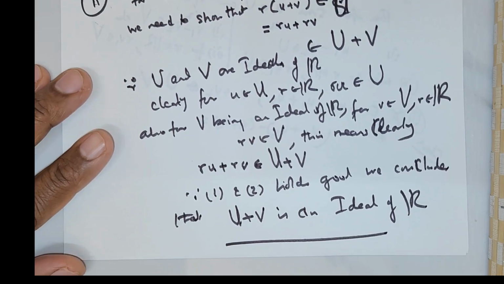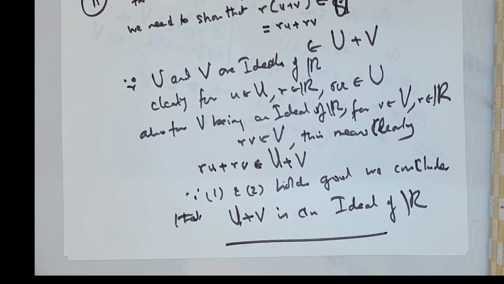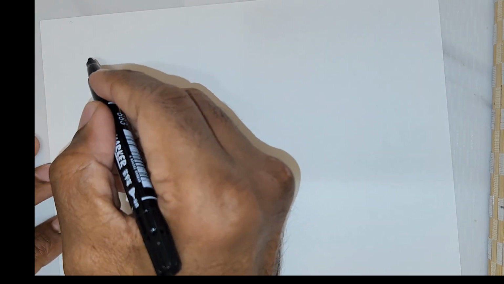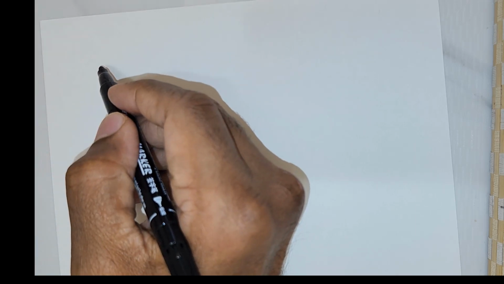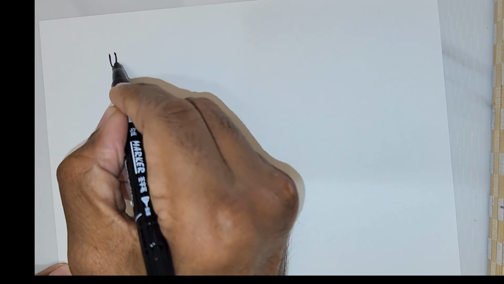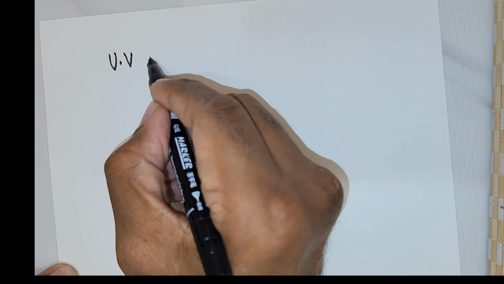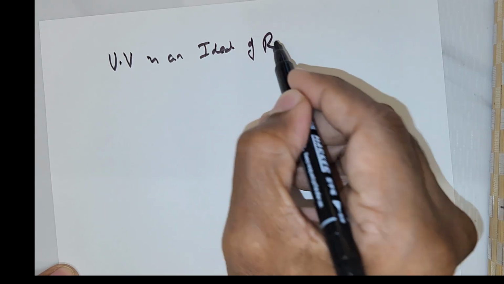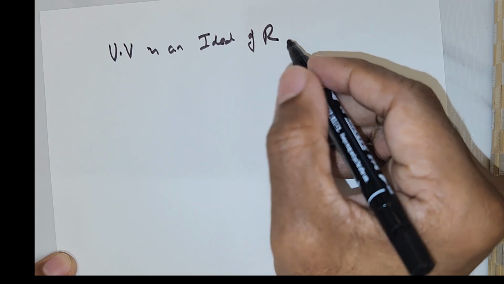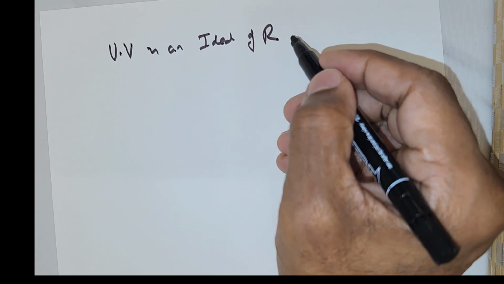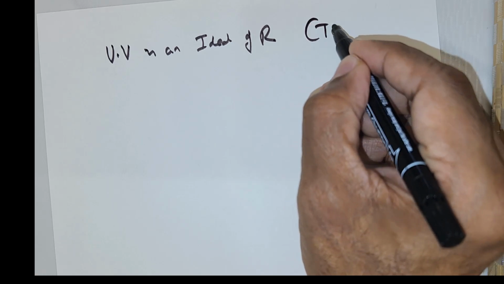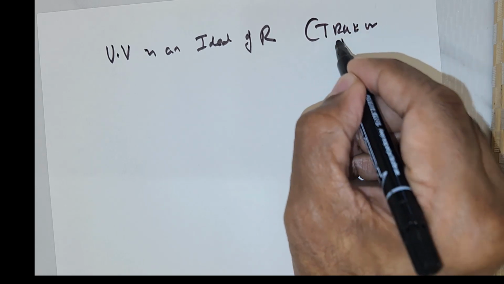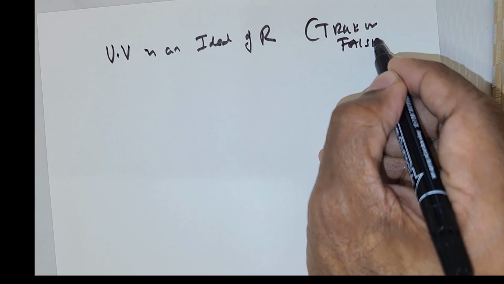So we need to now go and check for U dot V. Now this is the second statement that has been given. We need to check that. Now the statement is U dot V is an ideal of R. We have to scrutinize this to see if it is really true or false. We don't know, we have to check.